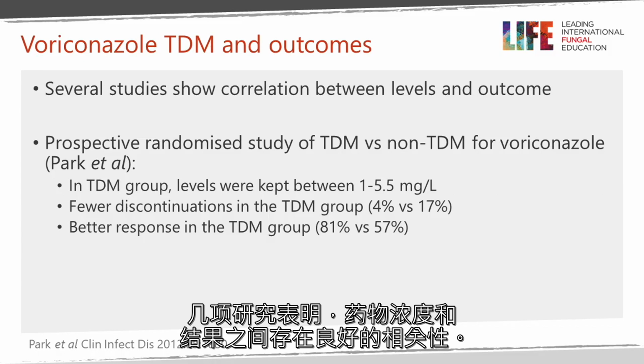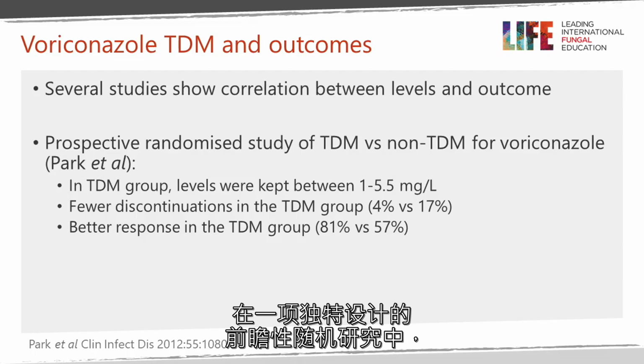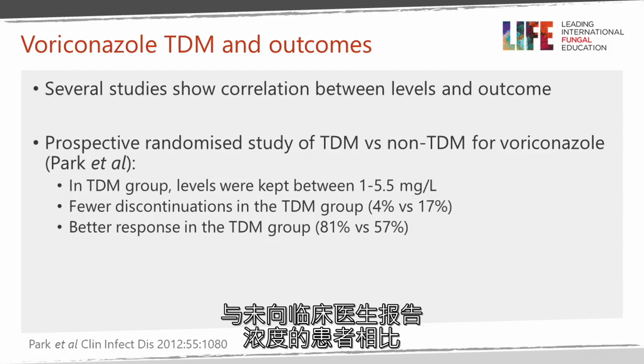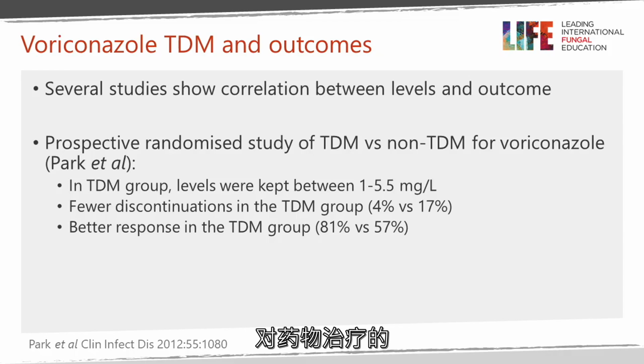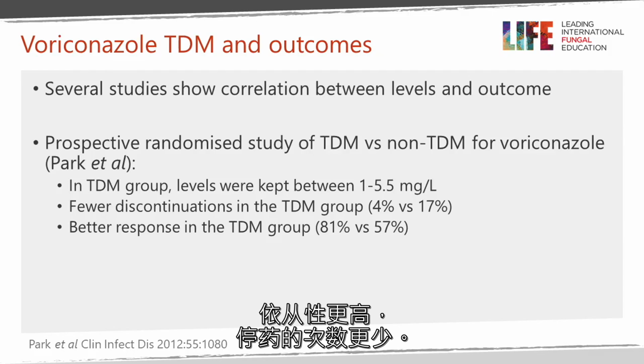So several studies show a correlation between levels and outcome. In one prospective randomized study, which is an unusual design, patients who had the levels reported to the clinicians versus those who didn't have the levels reported to clinicians were more likely to stay on drug, and there were many fewer discontinuations in that group of patients.